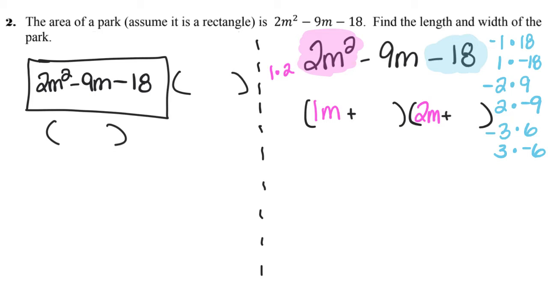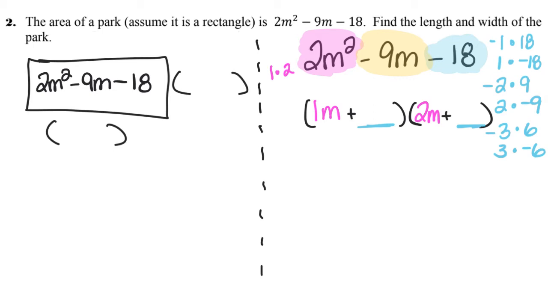So we're going to go ahead and do a little guess and check here to figure out that second spot. Okay, now I am going to make that educated guess and start looking at the middle, the negative 9m, to start thinking about what kind of numbers I should use. 9 or negative 9, it's not that big, so I may not start with the 1 and 18 pairs. Maybe not even the 2 and 9.